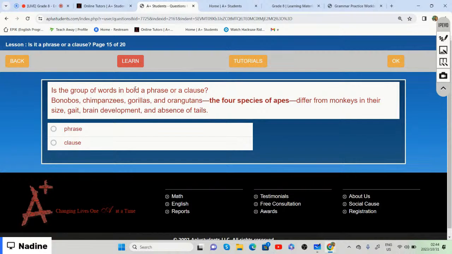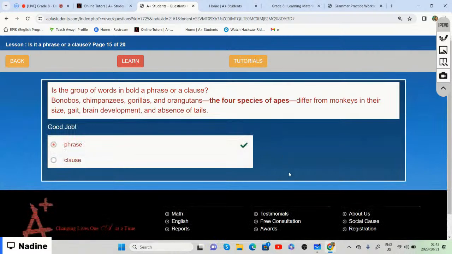The four species of apes differ from monkeys in their size, gait, brain development, and absence of a tail. So, the four species of apes, that is a phrase.